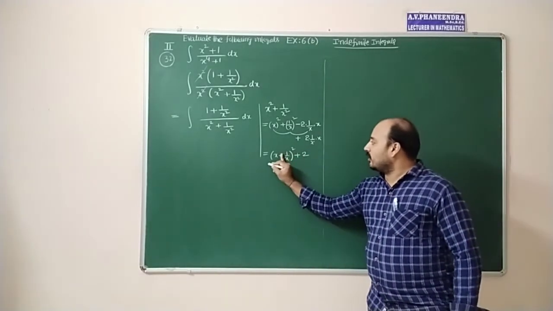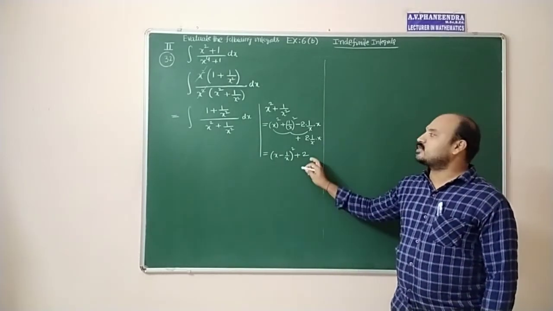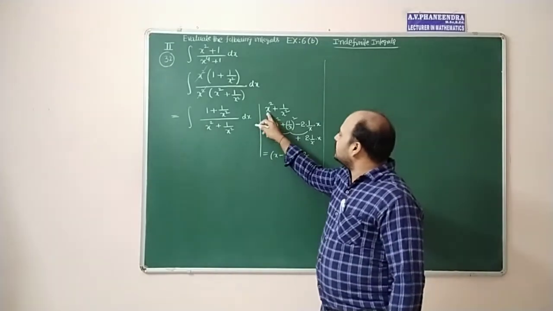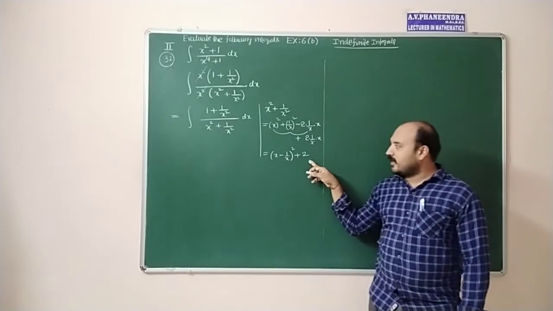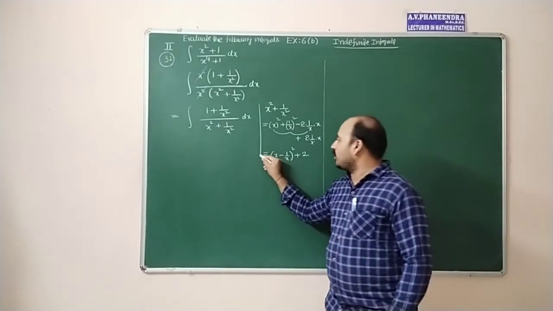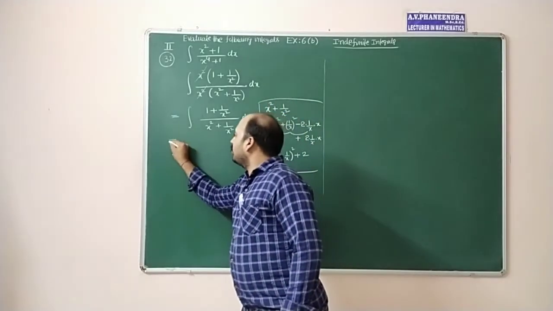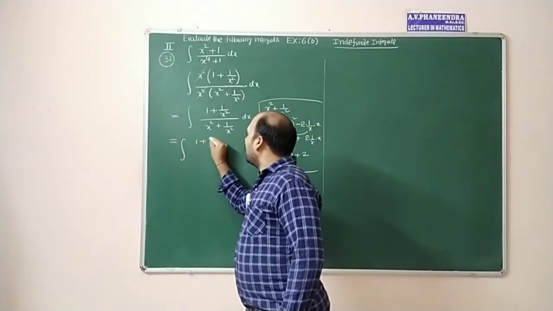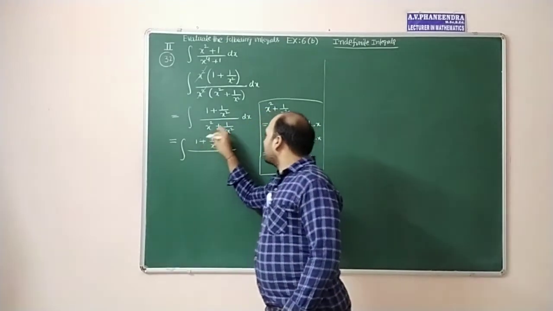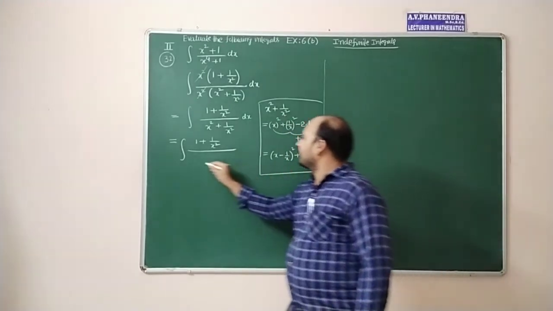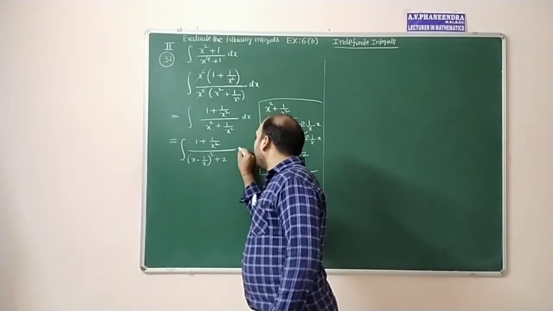This becomes (x − 1/x)² + 2. Not plus here, minus. Therefore, x² + 1/x² can be written as (x − 1/x)² + 2. So the integral of (1 + 1/x²) divided by (x² + 1/x²) can be written as (x − 1/x)² + 2 into dx.